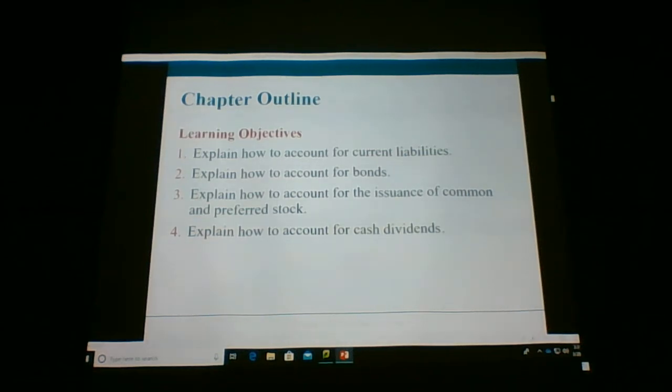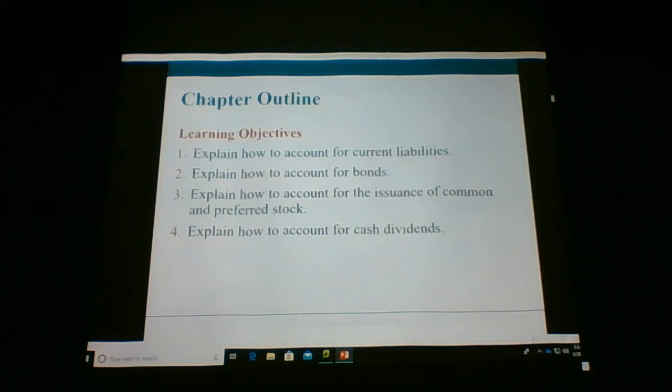We're also going to talk a little bit more in depth about concepts of common and preferred stock. This may be something that has given you some trouble. What your chapter outline does not talk about is retained earnings, but we're going to review retained earnings as well.